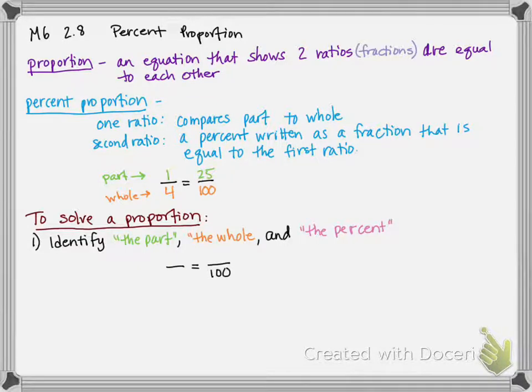We have the 2 fraction bars, an equal sign, and 100 in the denominator of the second one. So the part number is on the top left. The whole number is underneath them on the bottom left. And then the percent is always going to be over the 100. Because remember, a percent number, if we take off the percent sign and we write it as a fraction, it's divided by 100, there you go.